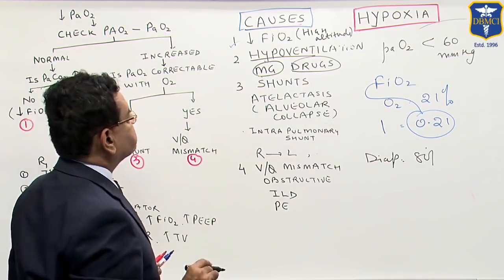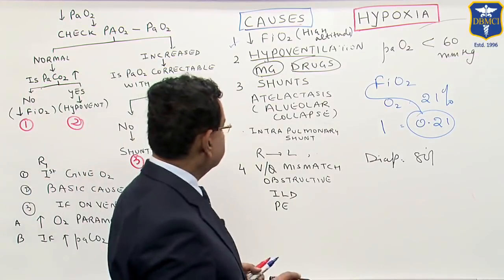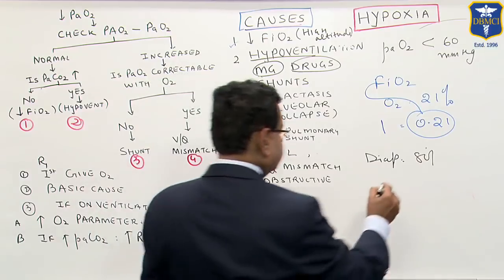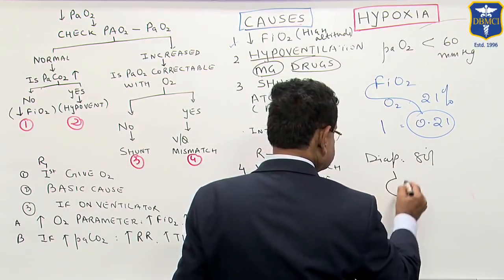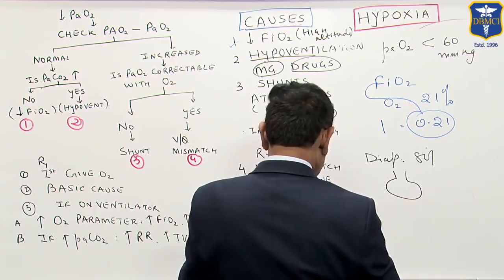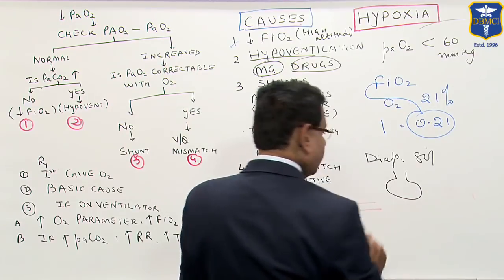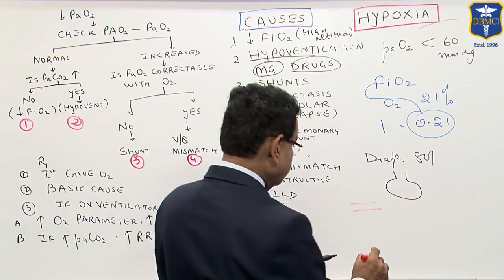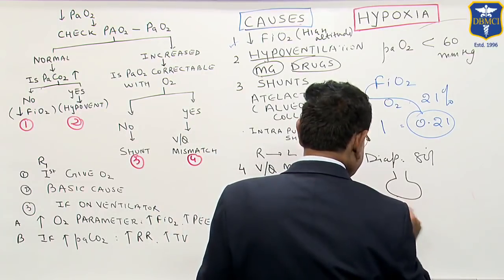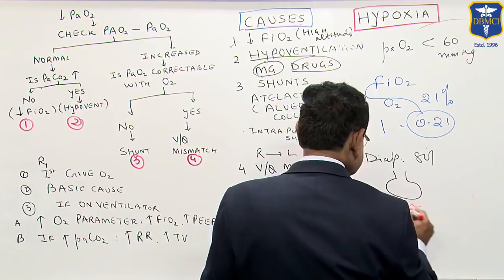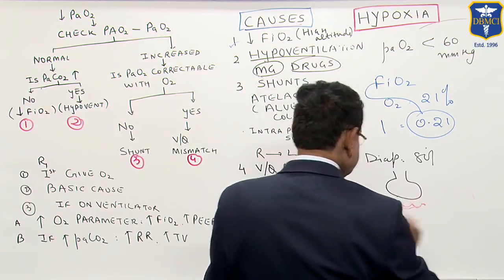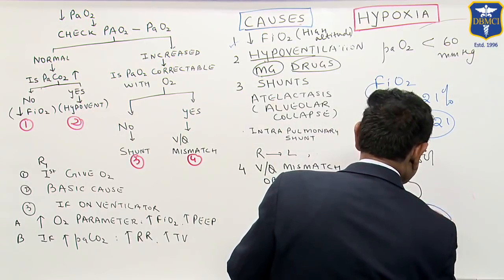Third is the shunt. Shunt means here is the alveolus, here is the pulmonary arteriole, here are the capillaries, and here is the venule.